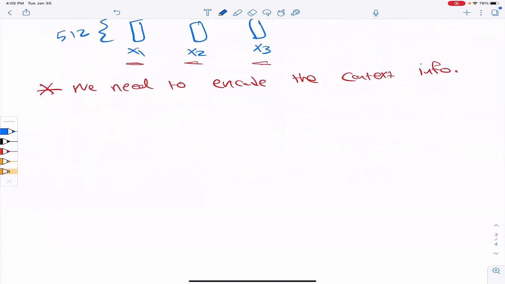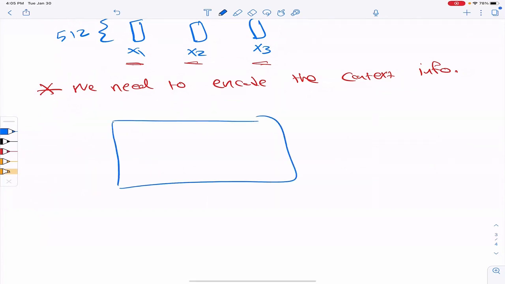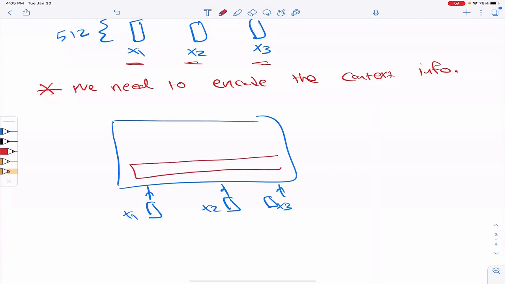So here's how it looks. You have, again, x1, x2, x3. I'll first pass them through an attention layer or self-attention layer. So the output of the self-attention layer will be again 3 vectors with a length of 512.